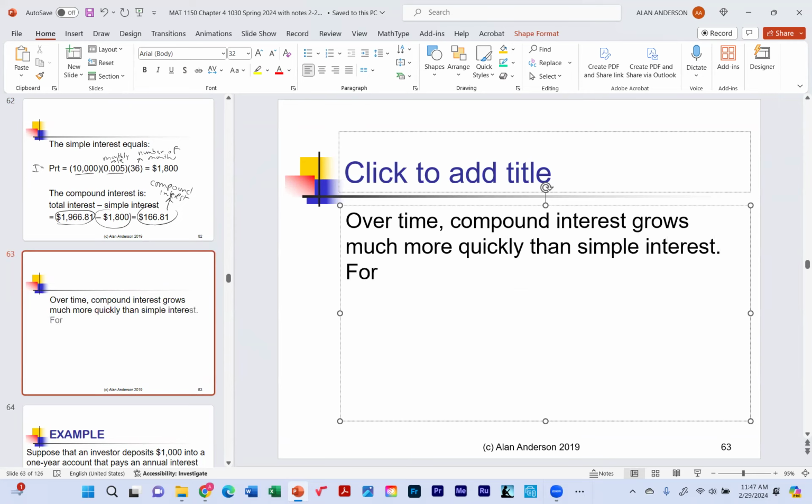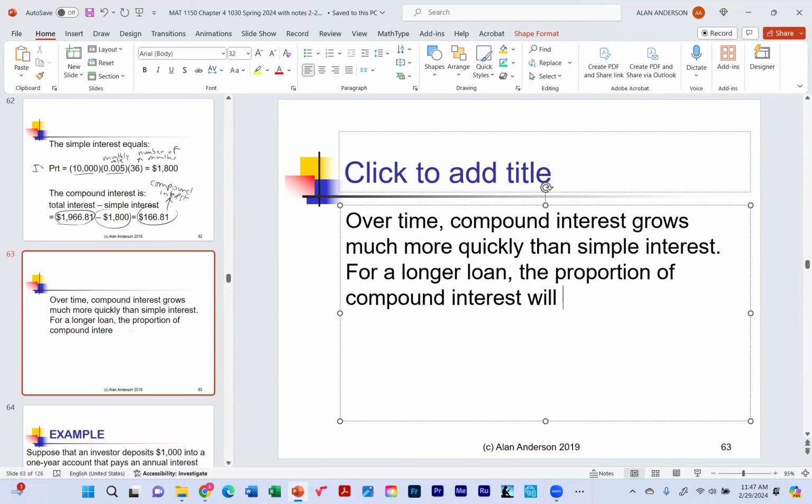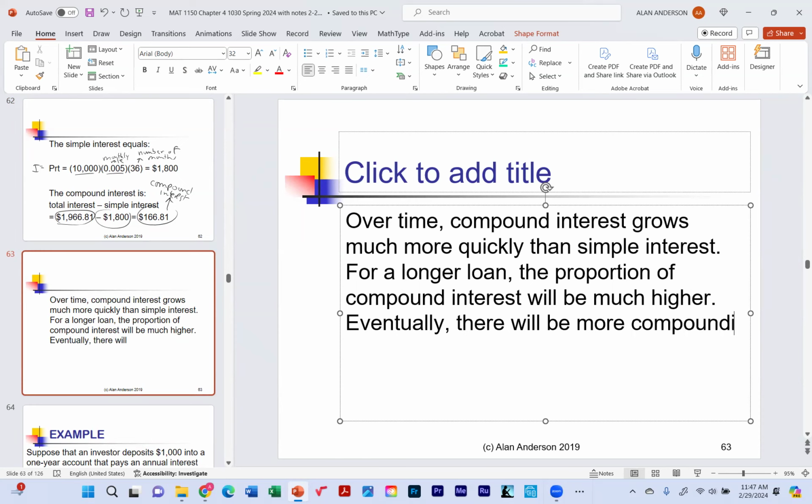So for a longer loan, the proportion of compound interest will be much higher than what we saw here. And eventually, there will be more compound interest than simple interest. We'll see that as we go along with our examples.